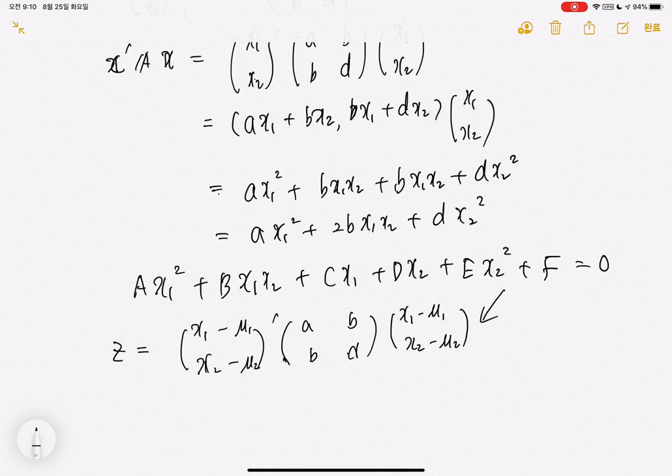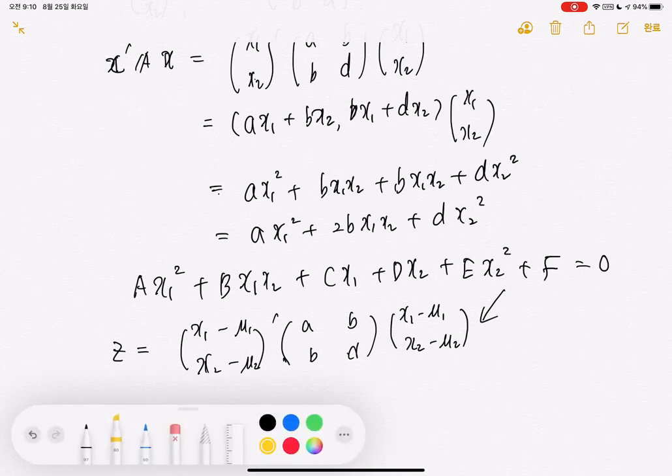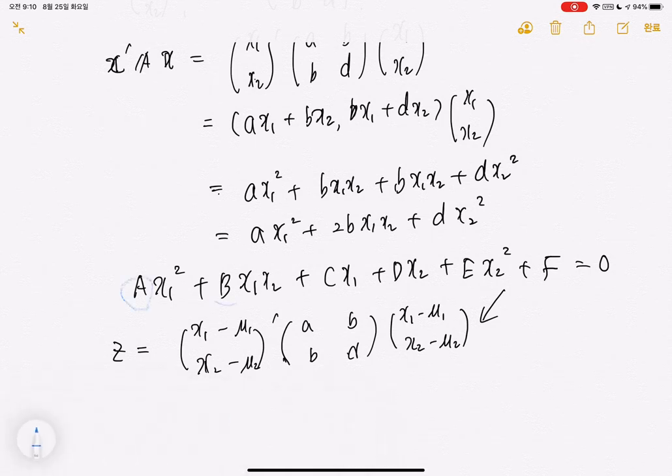Okay, so intuitively speaking, there are 1, 2, 3, 4, 5, 6 coefficients in the original form, but here as well, 1, 2, 3, 4, 5, 6 parameters in the changed form. So you can intuitively see that these parameters in the new form are related with the parameters in the original form.